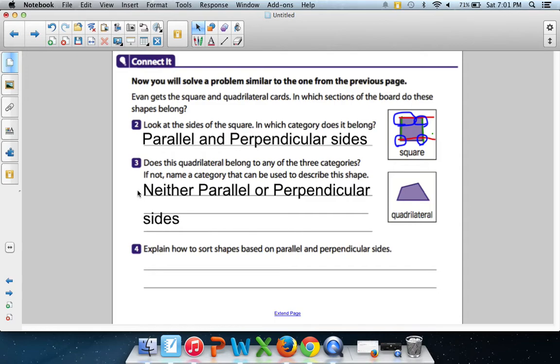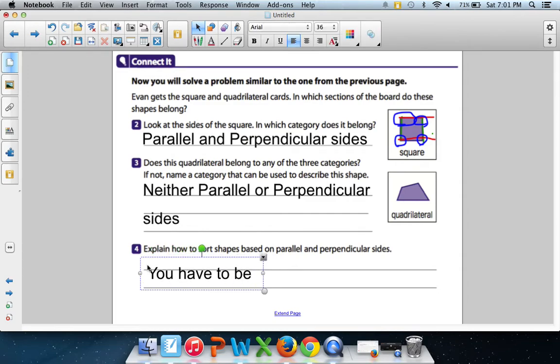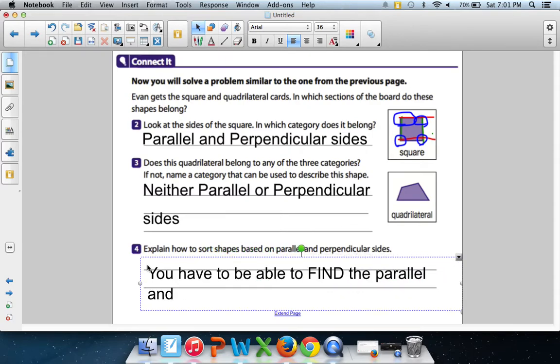Explain how to sort shapes based on parallel and perpendicular sides. Well, it's simple. You have to be able to find the parallel and perpendicular sides.